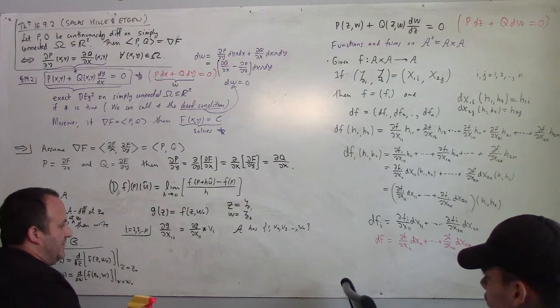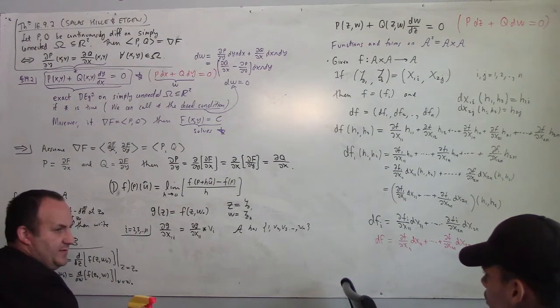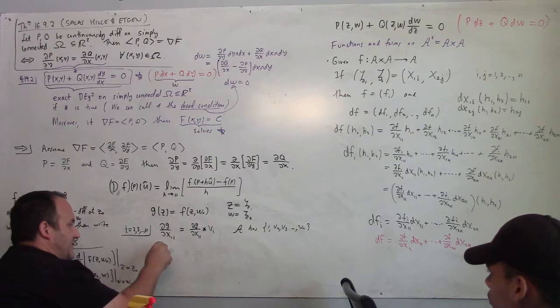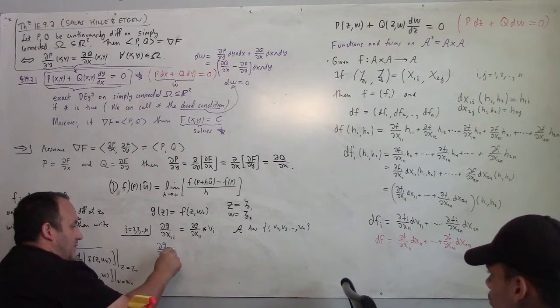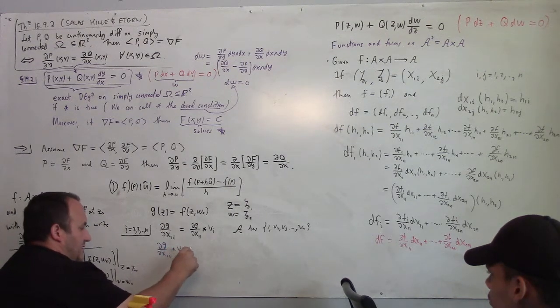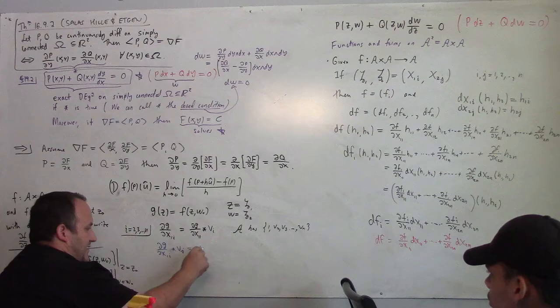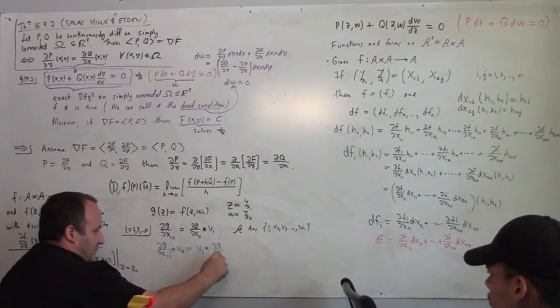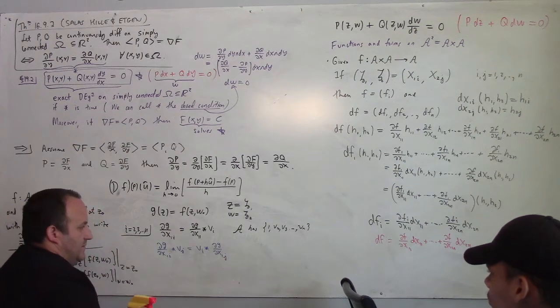One other thought before we move on, just as a thought experiment: we can also write the symmetric ones down. If you have partial g, partial x, 1, i, star vj, you could write that as vi star partial g, partial x, 1j.